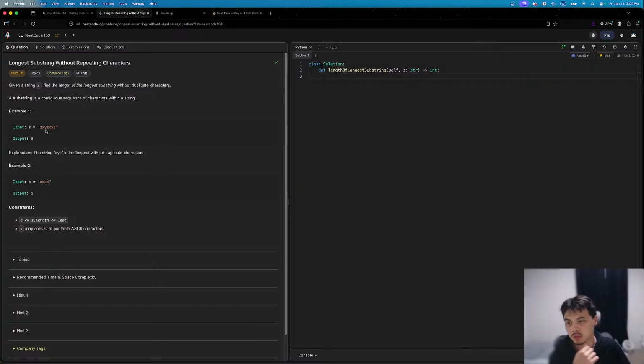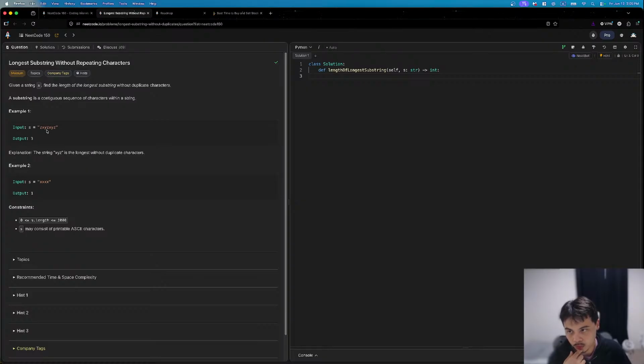Okay, so we iterate the string, at index 0, this is the first time seeing Z, so we move on to the next character. First time seeing X, so we move on. First time seeing Y, we move on, and we see Z again.